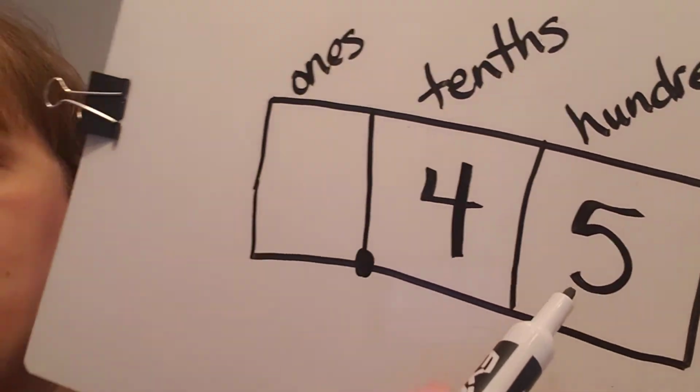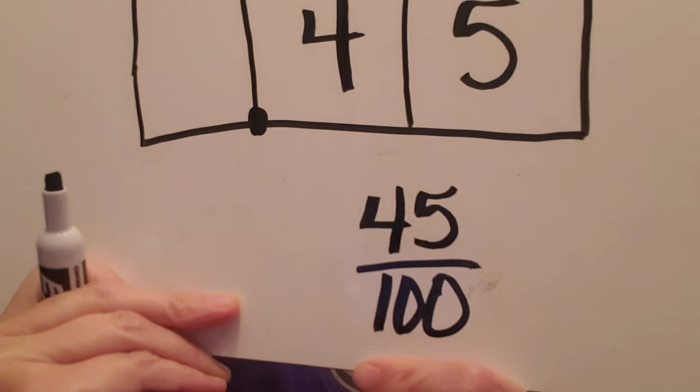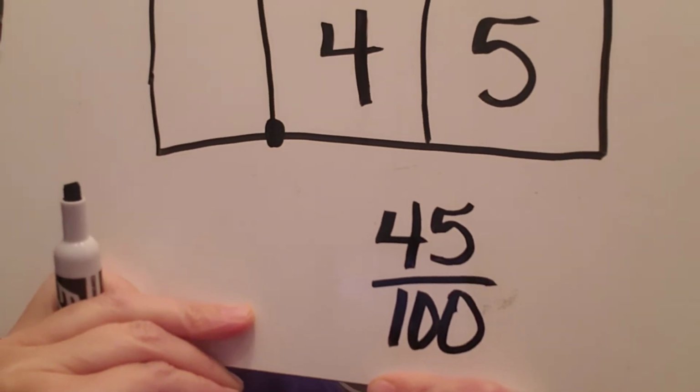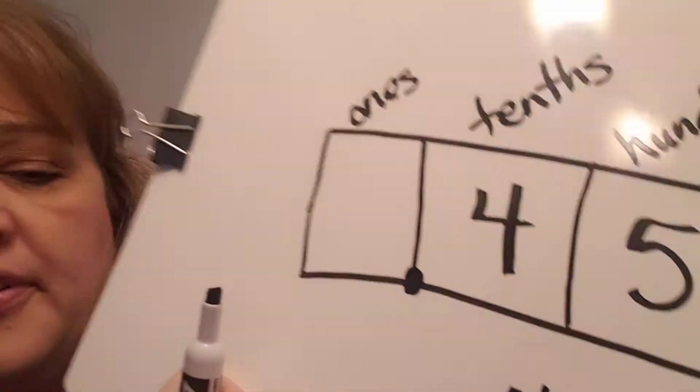Now if I want to put that into a fraction, how many pennies are in a dollar? There's 100. So if I'm going to write a fraction, I have 45 out of 100. There's my 45 out of 100.